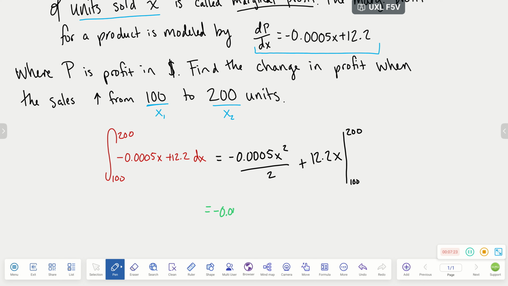Negative 0.0005 times 200 squared over 2 plus 12.2 times 200 minus all of that again, but inserting the 100 now where x is.